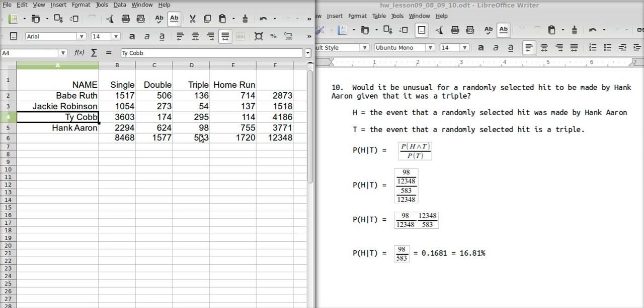And out of those 583 triples, right, 98 were hit by Hank Aaron. So you can look at that in a different way without applying this formula. It's not a bad way to think about it, although if you find yourself making mistakes and that sort of thing, you probably would want to stick to the more formal way until you start thinking about that in the right way and getting the right answer.